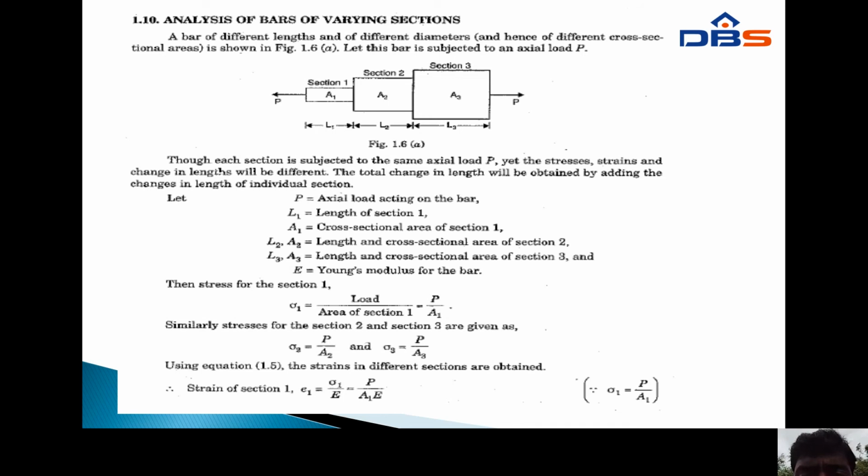In section 1, epsilon 1 equals sigma 1 by E, which equals P by A1 E, where stress equals P by A and E is the Young's modulus of elasticity.